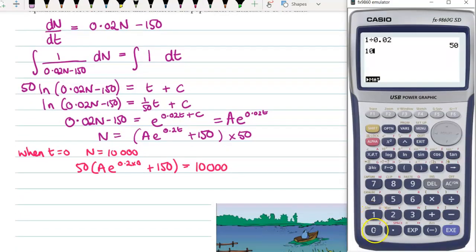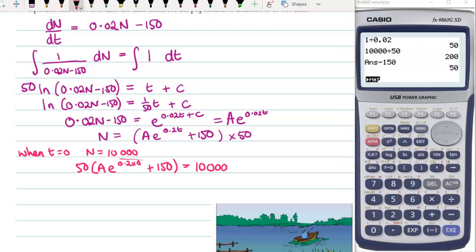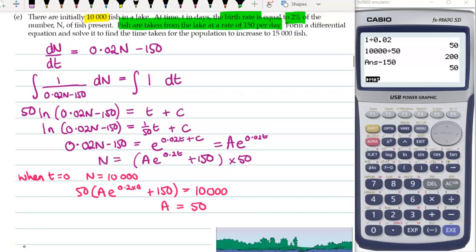So 10,000 divided by 50 minus 150. e to the 0 over here is just going to be 1. So I now have that A is equal to 50. So we've got all the pieces we need.